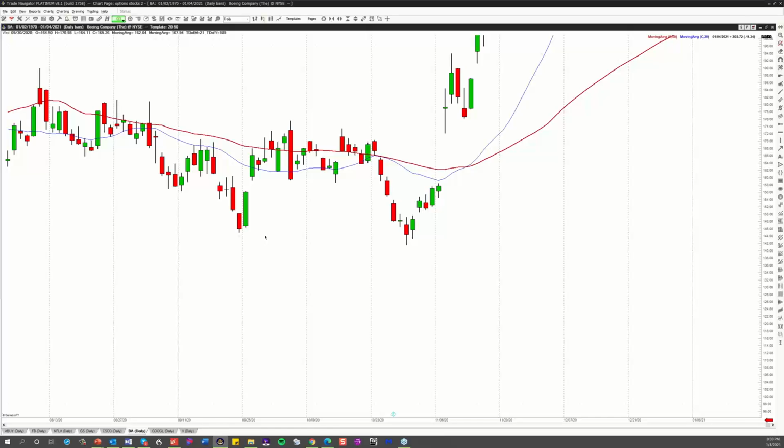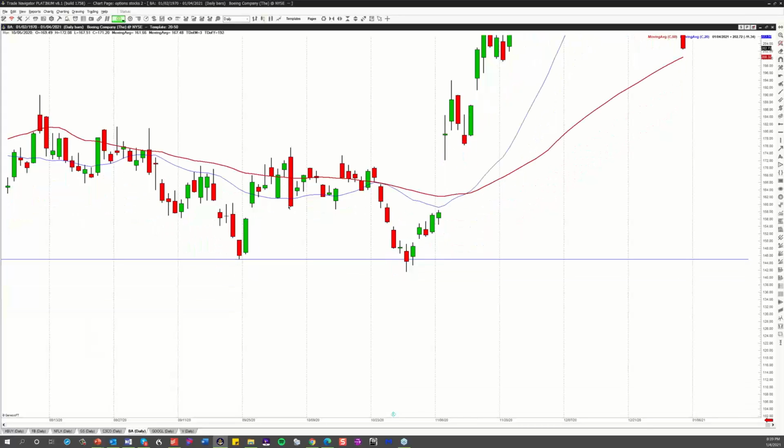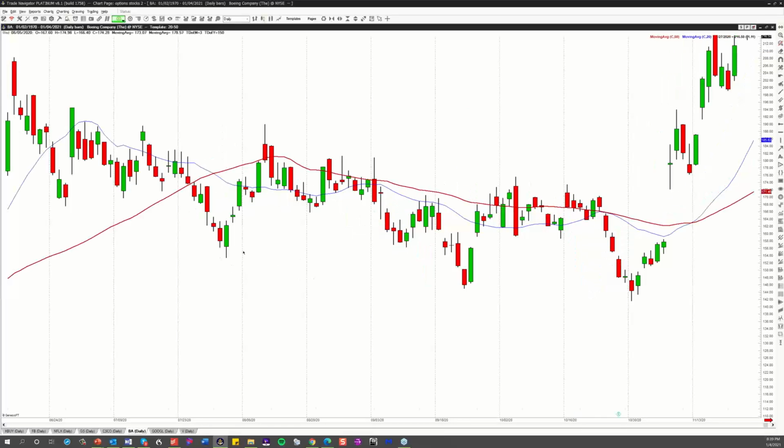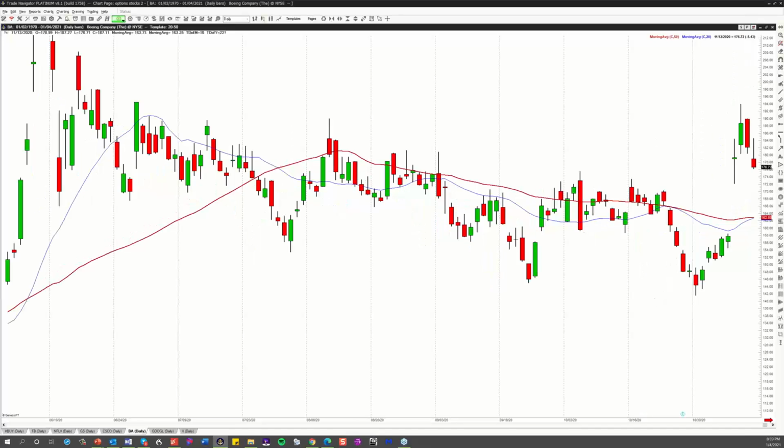Notice the low here. Let me make it a little bit more concrete and give something a little easier here.